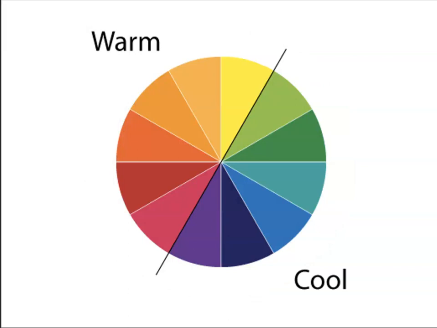The yellows and red up to red violet tend to be warmer colors. They depict things that are hot. If you think about fire and sun and all of that, they're usually in that color range. And cool colors represent things that are cool to touch. Water, grass, the sky, right?